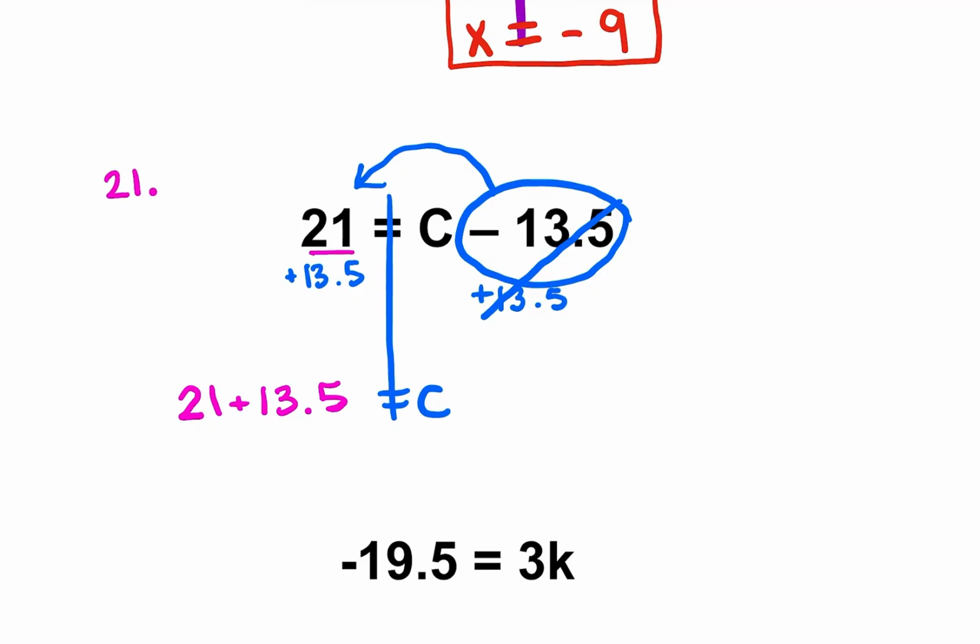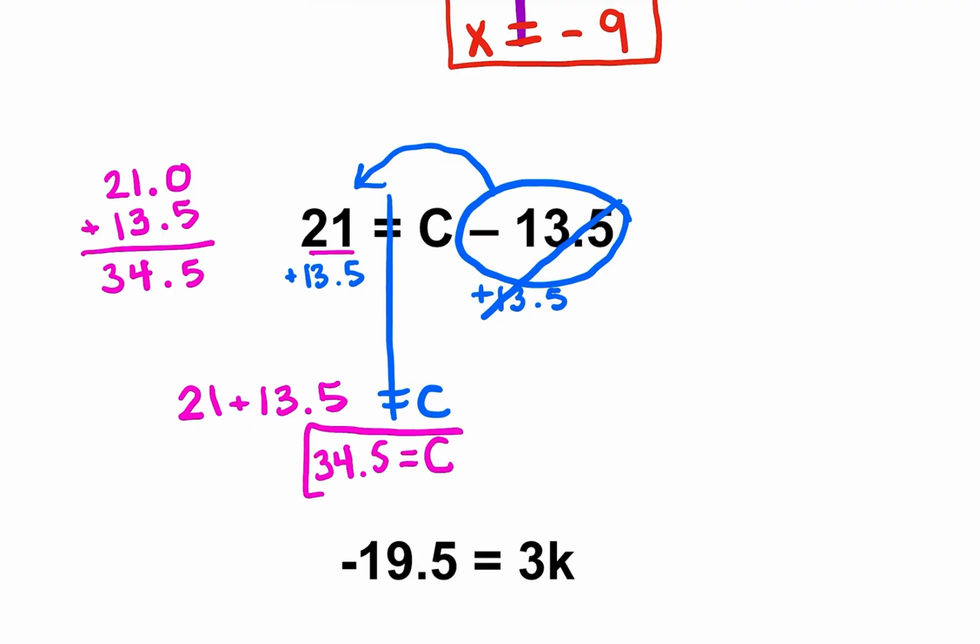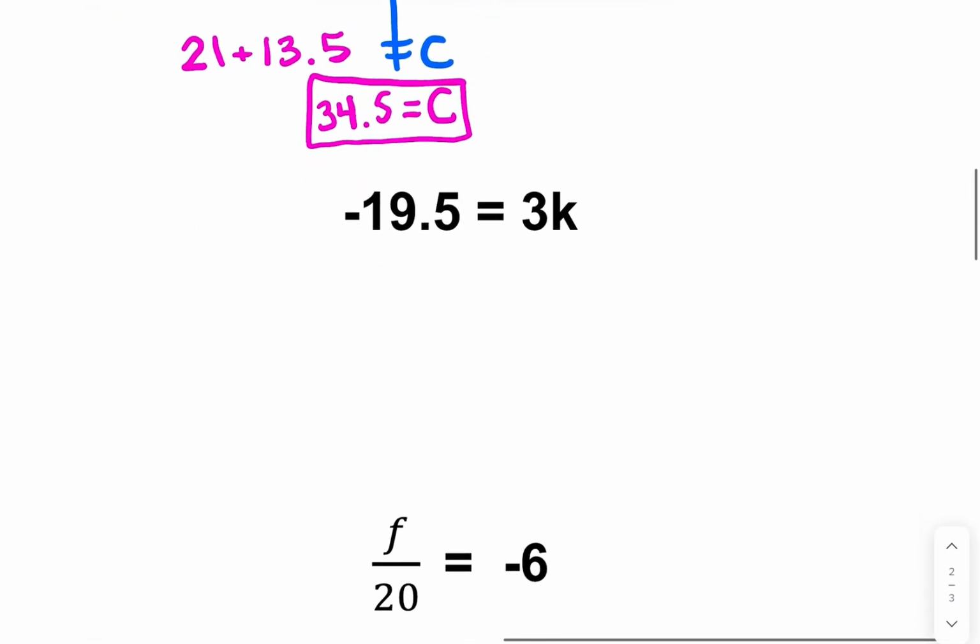So I have 21.0 plus 13.5. Okay, I get 5, bring it down, 34.5. So I need to rewrite 34.5 equals C. And that is my final answer.